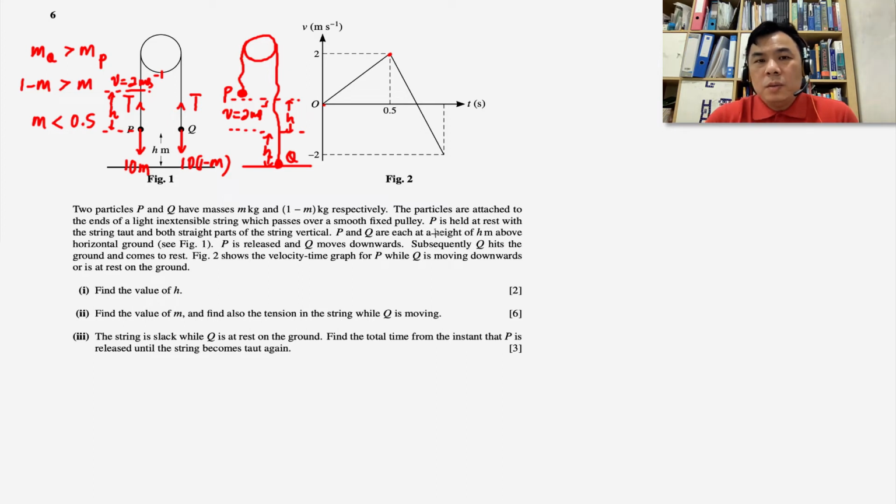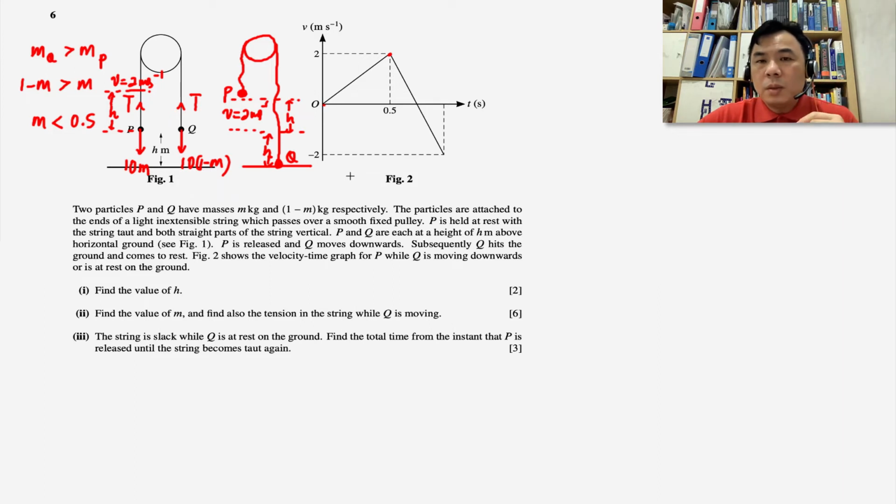So that graph is very obvious. It takes 0.5 second for Q to travel down the distance of h, and for P to move up h meter also. Now to find that distance itself, bear in mind in the exam whenever you are given a velocity-time graph, there are only two properties you should watch out for.